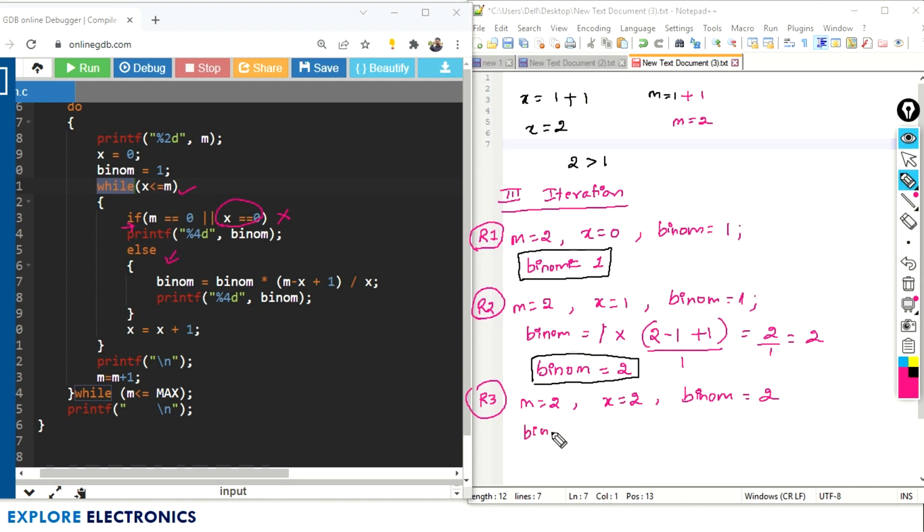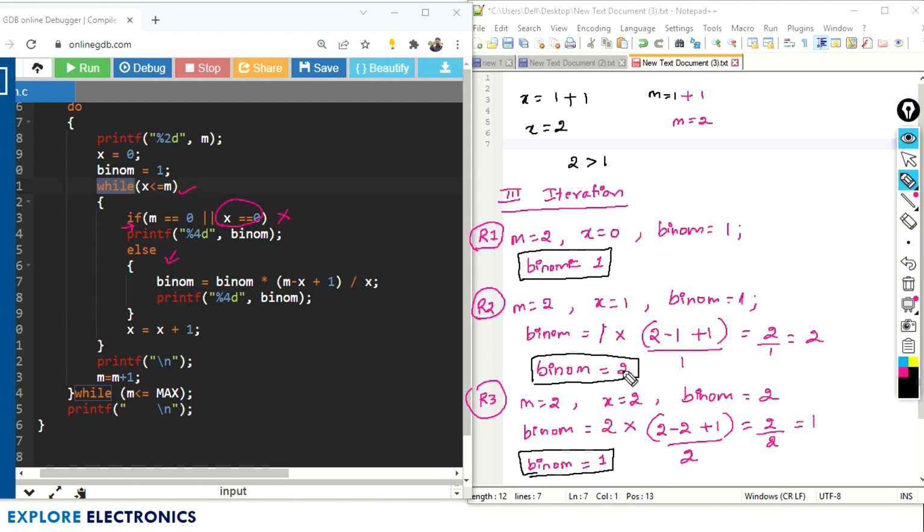So what we are going to get here is the binomial coefficient, which now is 2, into m minus x, that is 2 minus 2 plus 1, divided by 2. 2 minus 2 is 0, plus 1 is 1, into 2 will be 2 by 2, which gives us 1. So at the end of round 3 of iteration 3, we are having binom equal to 1 again.